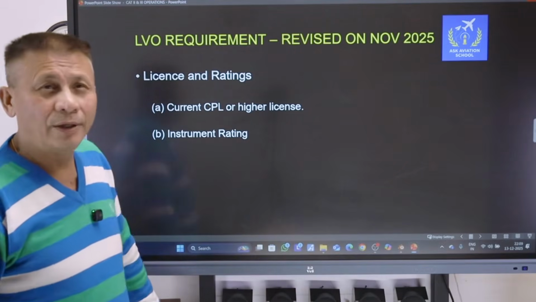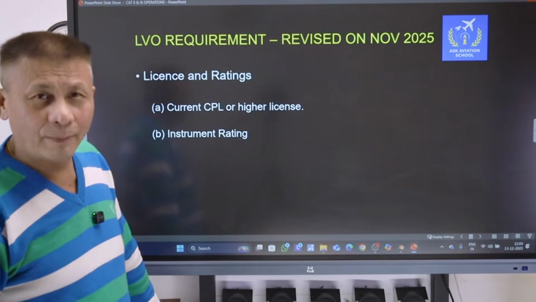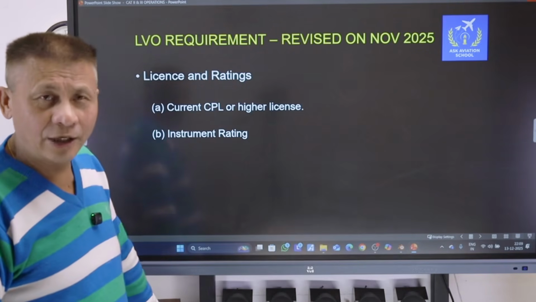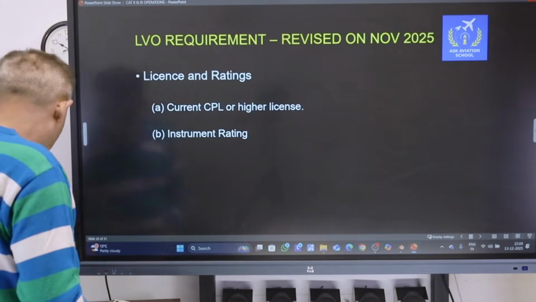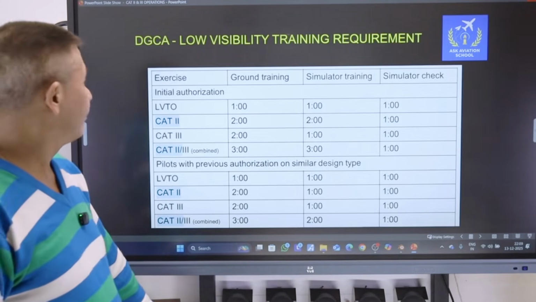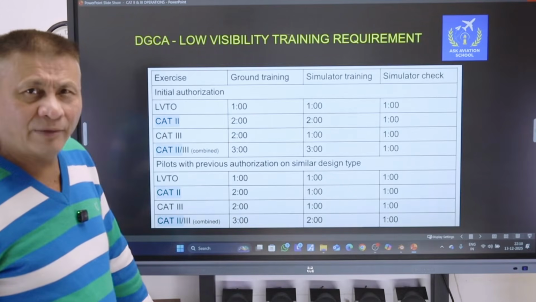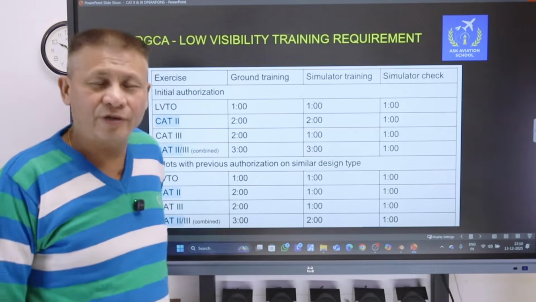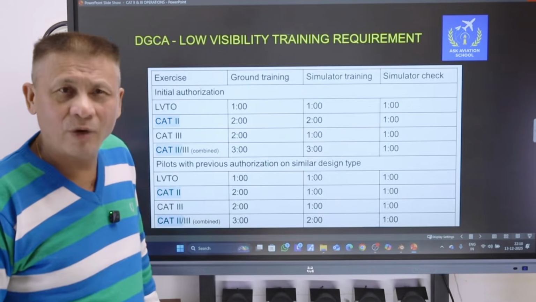In order to get the certification for the low visibility operations, the pilot must have a current CPL or higher license, and should have an instrument rating. The syllabus is that for certification of LVTO, the ground training required is 2 hours, simulator training is 1 hour, and simulator check of 1 hour.